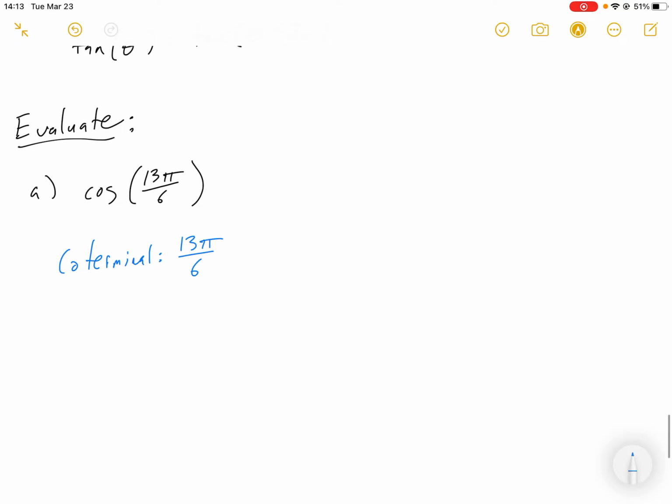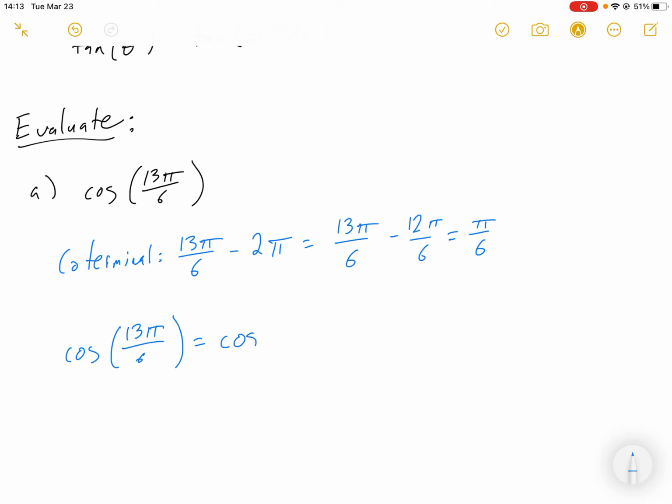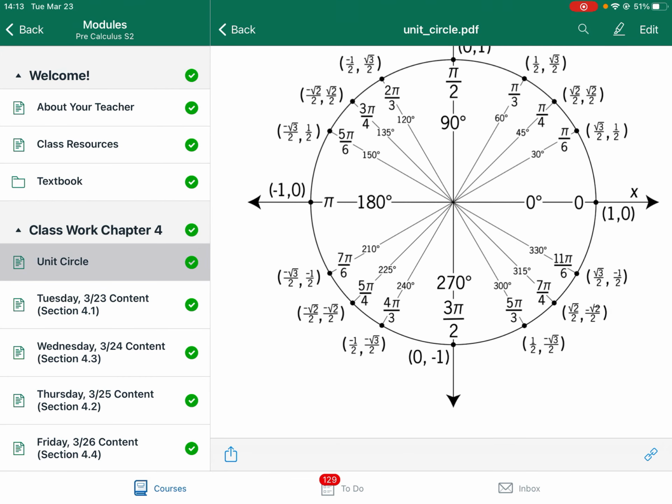Since it's too large of an angle, let's subtract a full rotation, and this is part of the reason we did this in the last unit: 13 pi over 6 minus 12 pi over 6. And so I end up with pi over 6. So now cosine of 13 pi over 6 is equivalent to cosine of pi over 6, and this is a value I can find on my unit circle.